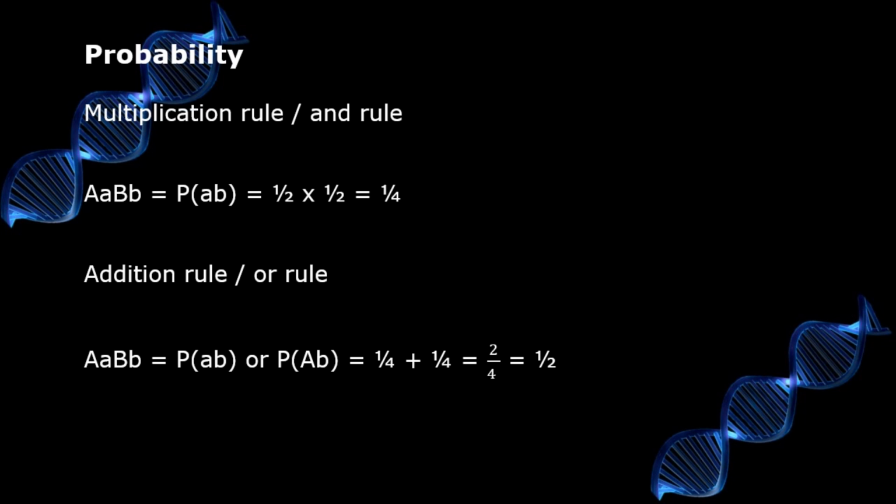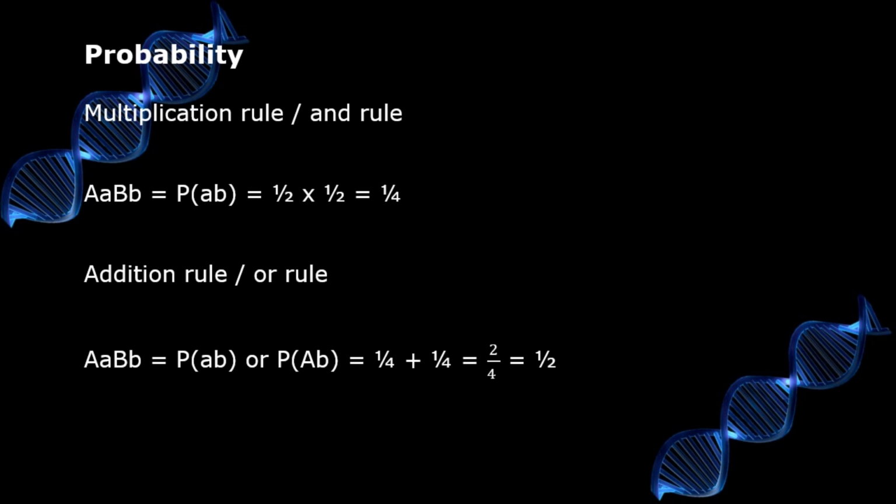To have a capital A, in this condition it is 1 by 2, and small b it is 1 by 2. When we multiply, we get 1 by 4. OR comes, so we need to write a plus, addition sign.